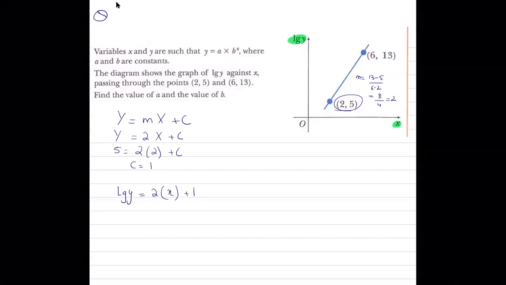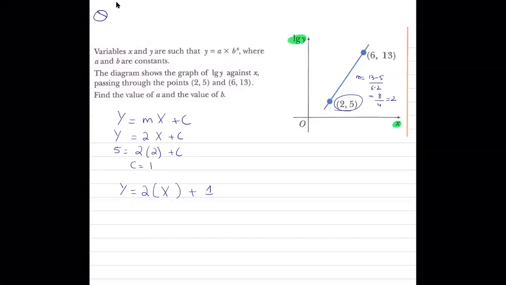Sir, can you repeat the equation part again? Okay. Are you clear till here that c is 1? So if I rewrite this equation, capital Y equals gradient m times capital X plus c, and the y-intercept comes out to be 1.